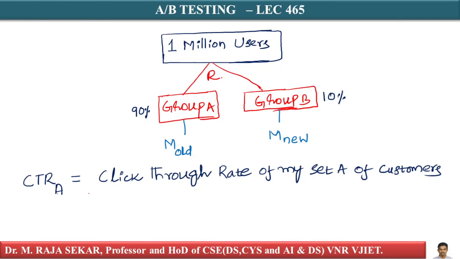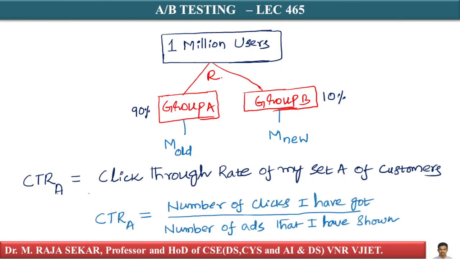And what is the metric here to compare these two models? The metric is called click-through rate, CTR. CTR of set A means what? Set A of customers. What is CTR of A? That is the number of clicks I have got divided by the number of ads that I have shown.